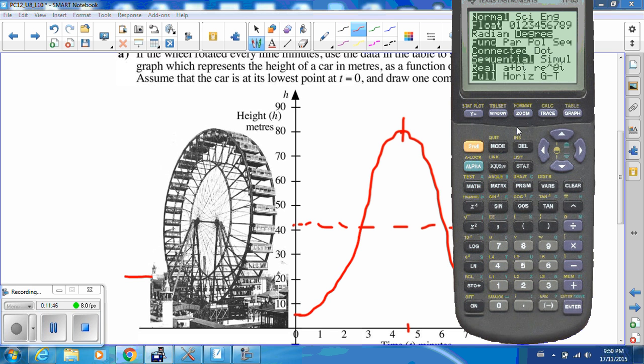So mode, radian. Let's try that graph again. Now that looks right. And the great thing is that with our calculators, we can be doubly sure that we've done this correctly just by testing our values, making sure that we get the kind of graph that we're expecting to see there.